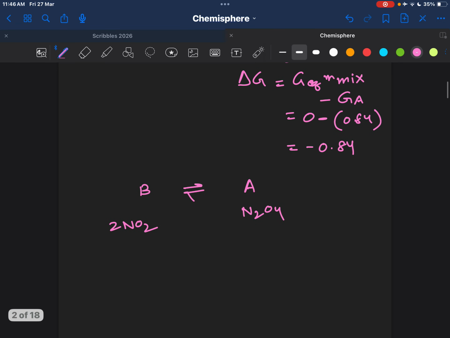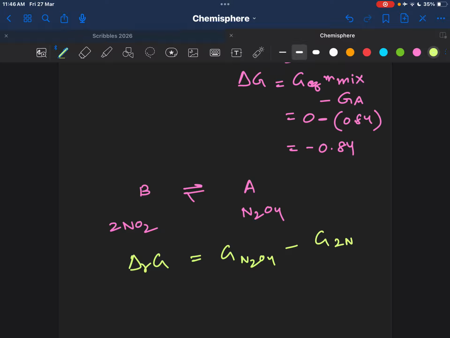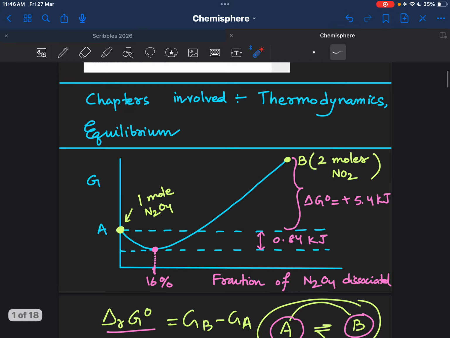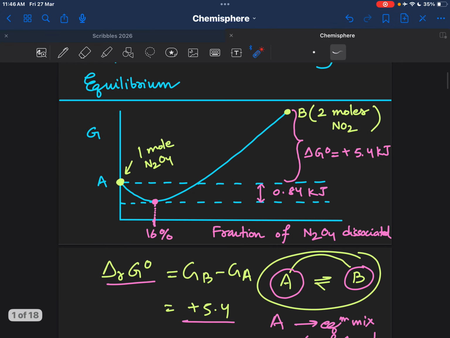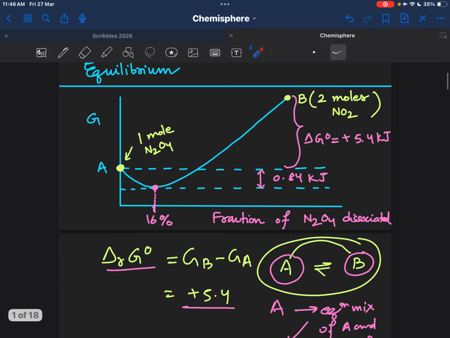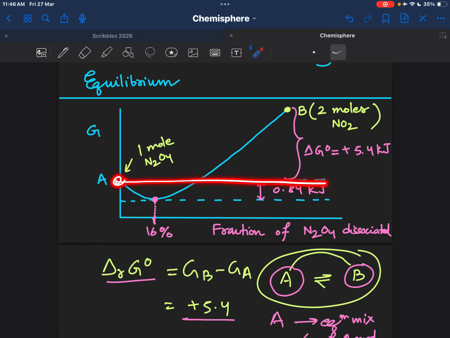So if we calculate the delta G for this, it will be G of N2O4 minus G of 2 moles of NO2, so it will be this value minus this value, smaller minus bigger.